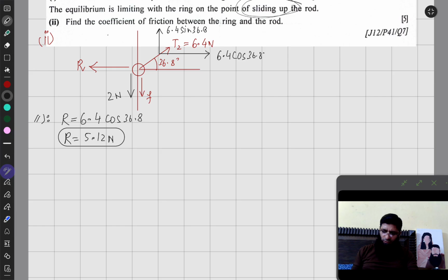This was the equation for the parallel case. Now for the vertical case, you can have F plus 2. These are two forces which are downward, and the sum of these two forces will be equal to the upward force. So that will be 6.4 sine 36.8.